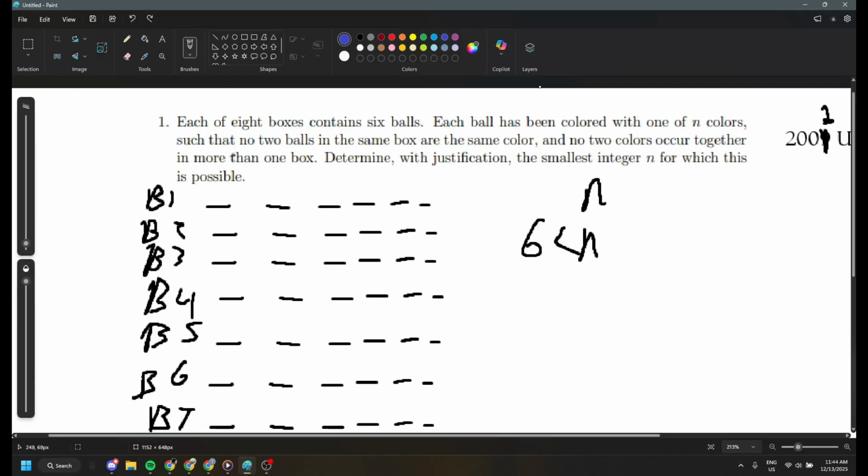Because 6 is less than or equal to n, because every ball in each box will be a different color, so we have to at least have that many.